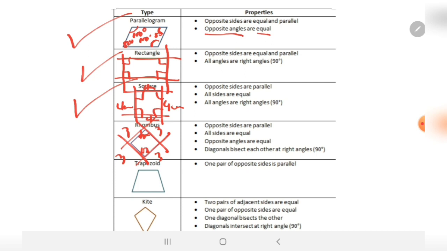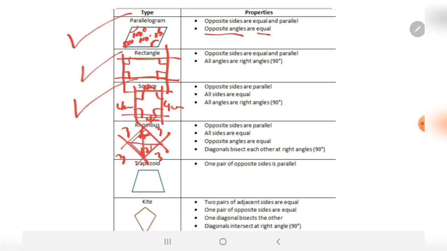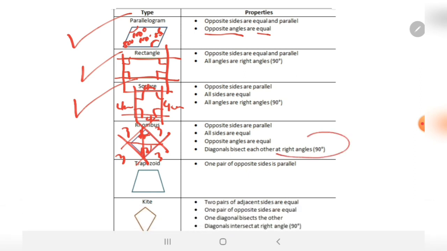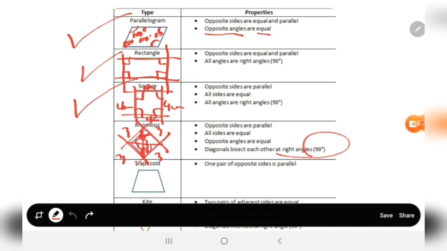For example, in here this is 100, and this would be 100 also. Next, diagonals bisect each other at 90 degree in here. So if we have the diagonals and it bisect, then it would give 90 degree, and that is a rhombus.